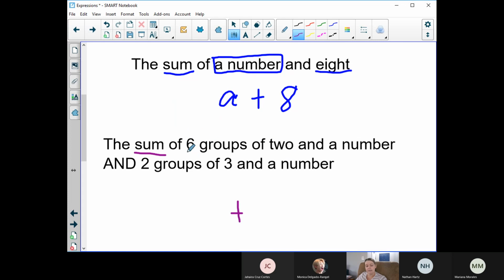I'm going to skip this 6 groups of real quick, and I'm going to go to 2 and a number. So 2 and a number tells me that I'm going to have the number 2 and tells me to add.